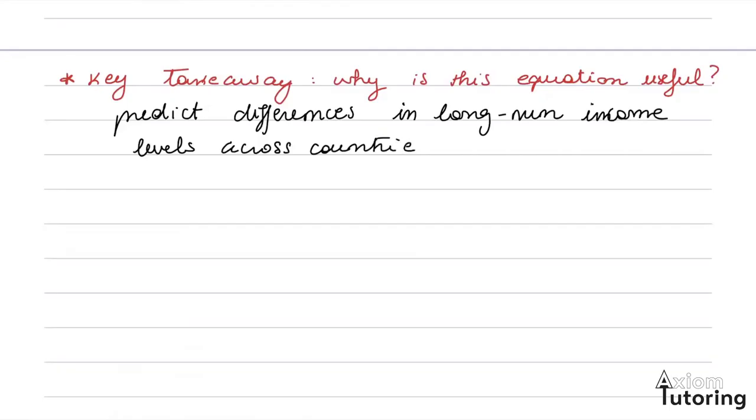The fact that we are using per worker variables is exactly what allows us to make these international comparisons. So now that we've seen all of this algebraically, we are going to move on to a graphical representation of the Solow growth model. And this is going to be seen in the subsequent videos.